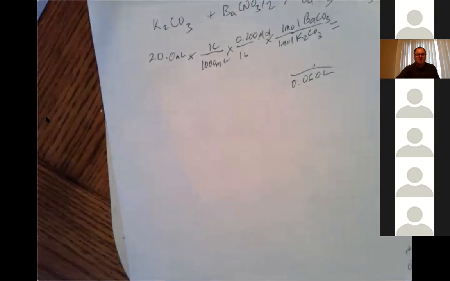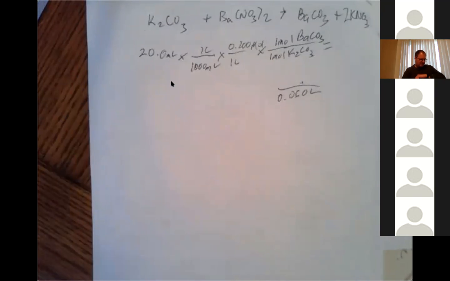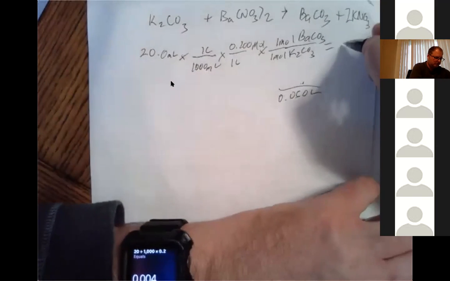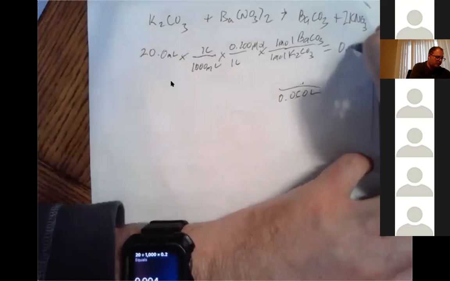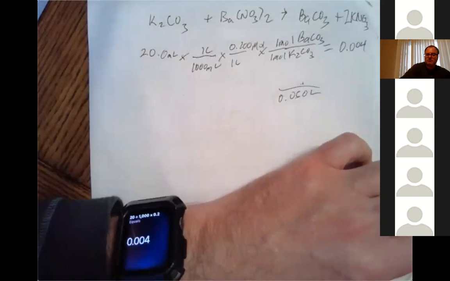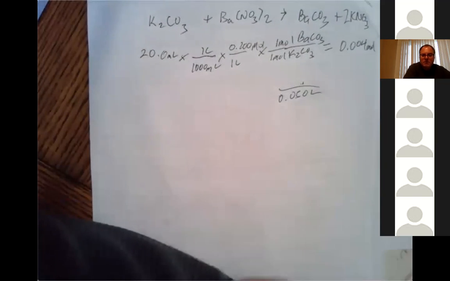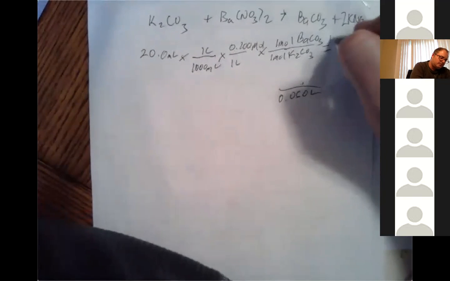Can you guys see that okay? 20 divided by 1,000 times 0.2. It's 0.004. 0.004 is the moles of the barium carbonate that will form.